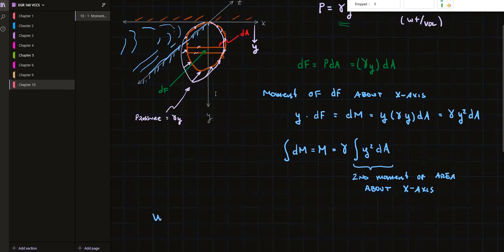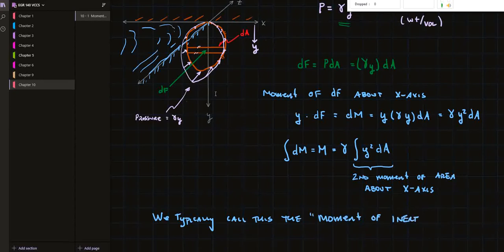And we engineers typically call this integral, excluding this gamma term, just the integral, the moment of inertia.